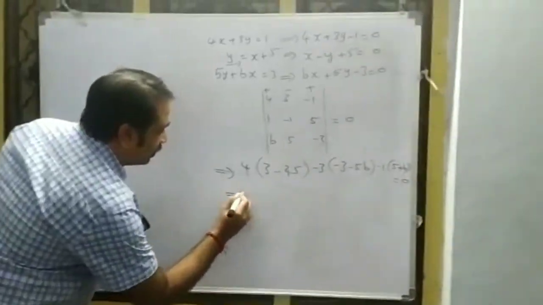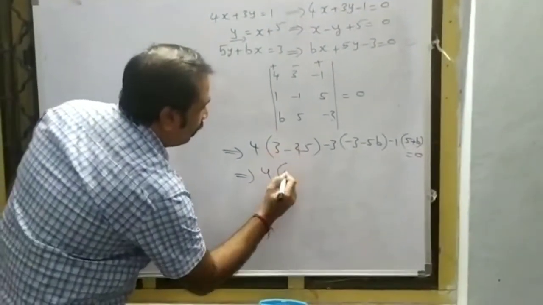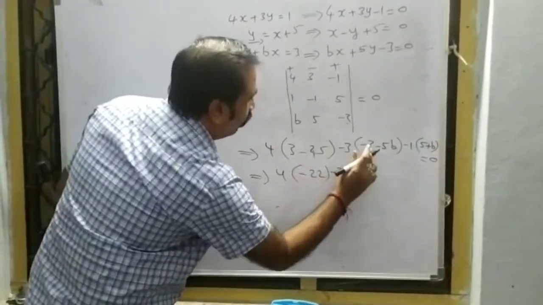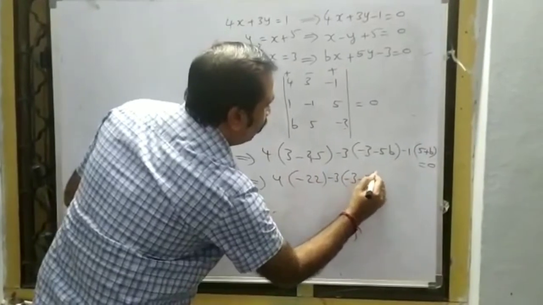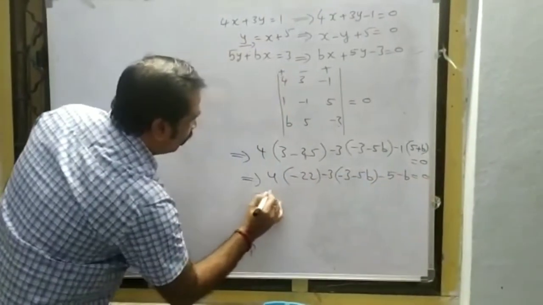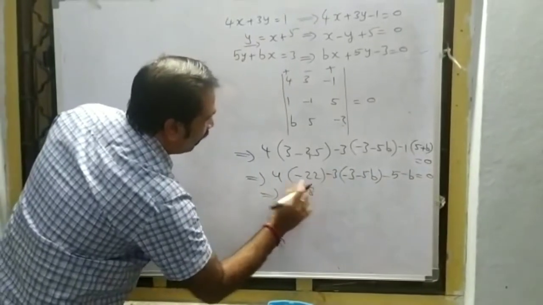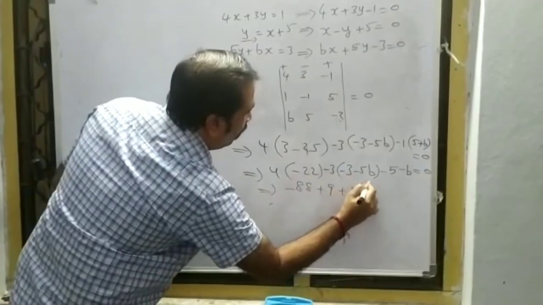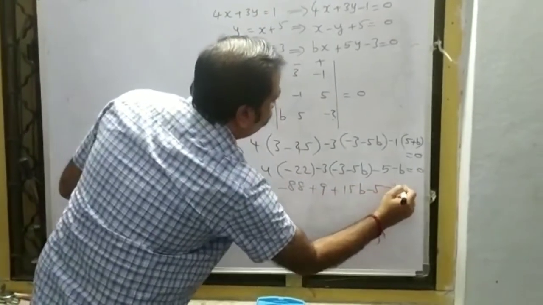Now we can simplify this one. 4 into 3 minus 25 becomes minus 88, minus 3 into minus 3 minus 5b becomes plus 9 plus 15b, minus 5 minus b, equal to 0.